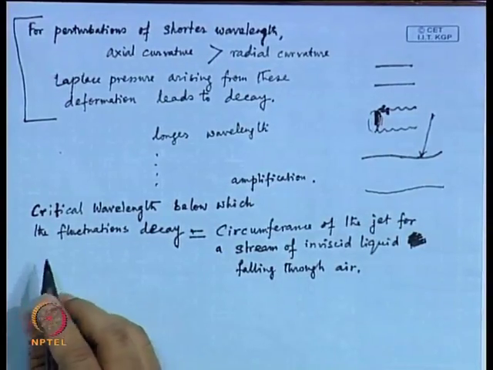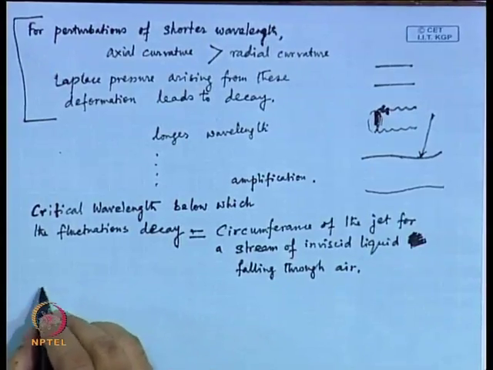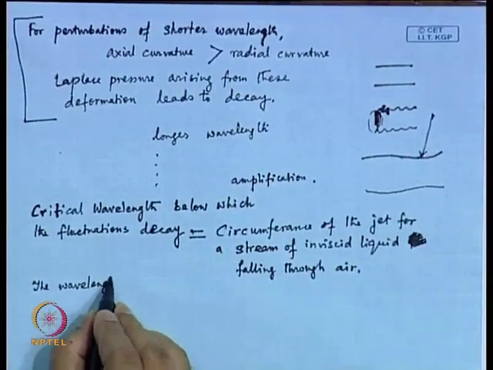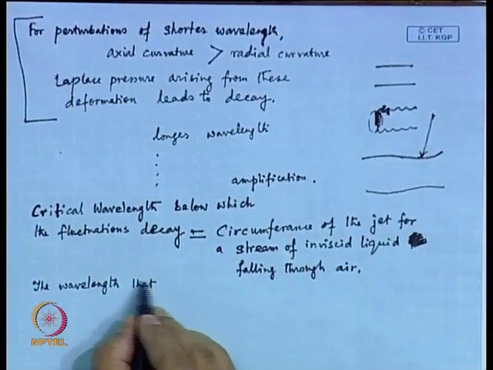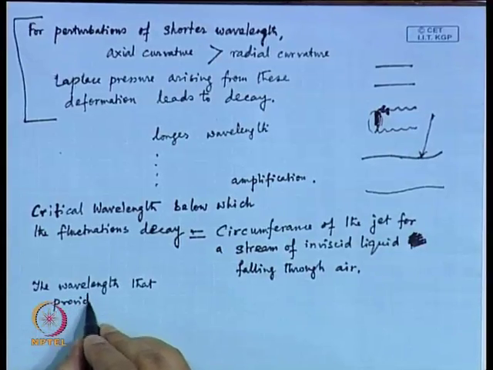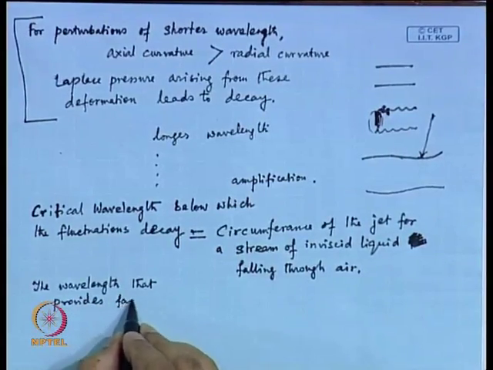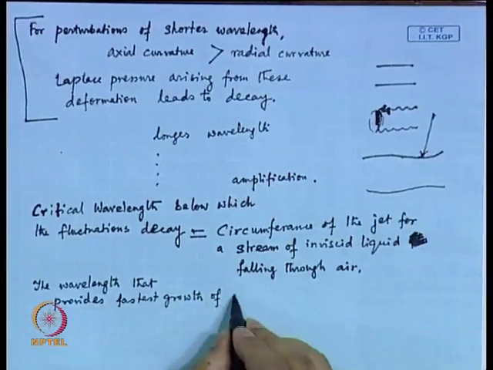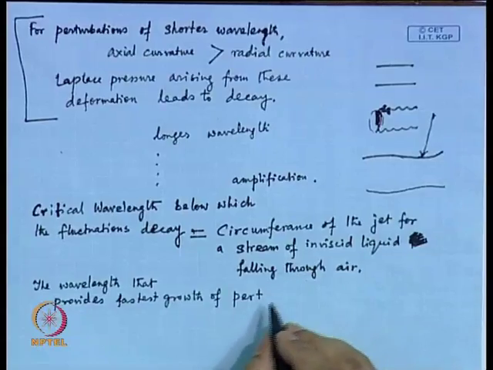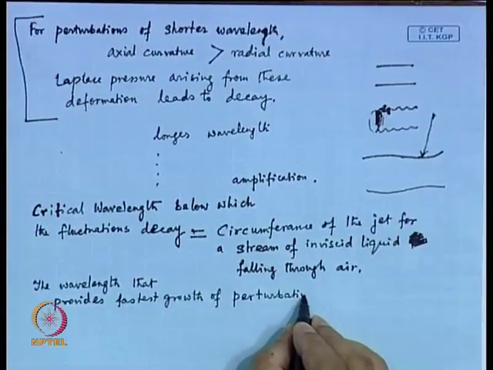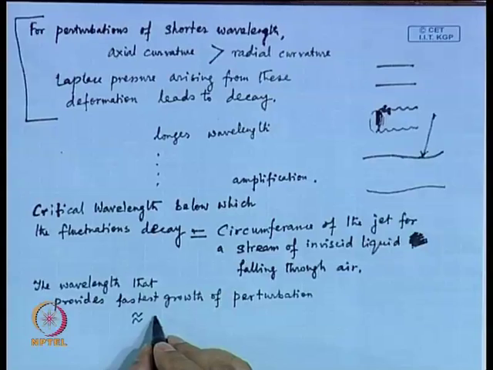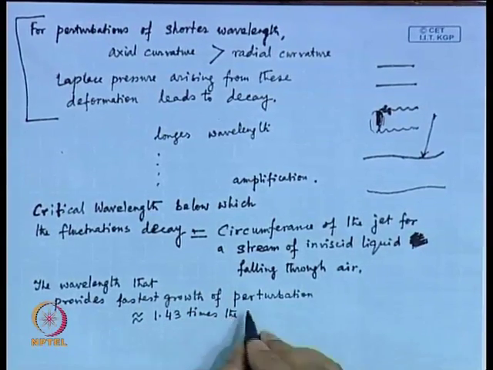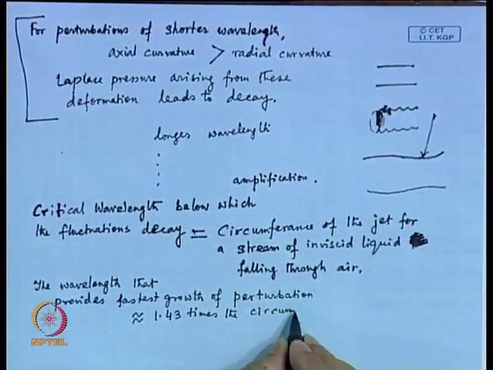Another aspect that I must mention is the wavelength that provides the fastest growth of perturbation. This also has been derived, and it is almost equal to 1.43 times the circumference.